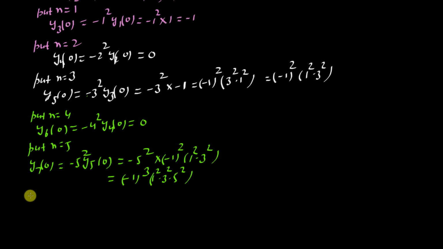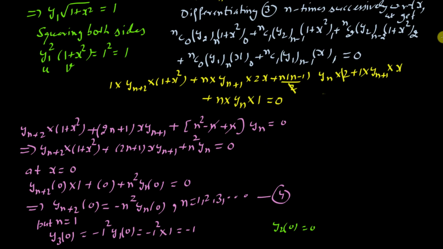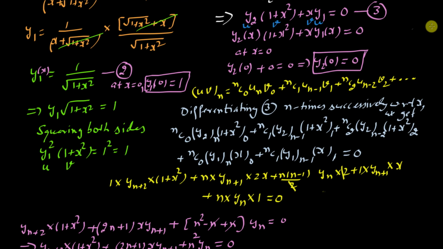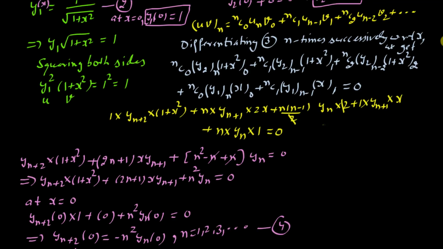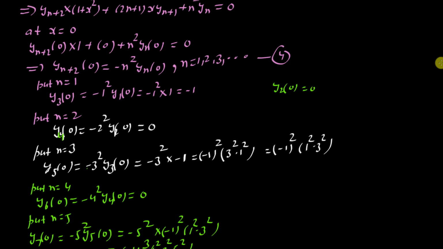So this will continue something like that. Now we see for even it is 0: for y4 it is 0, for y6 it is 0, and for y2 it is also 0. And y1 0 is 1.